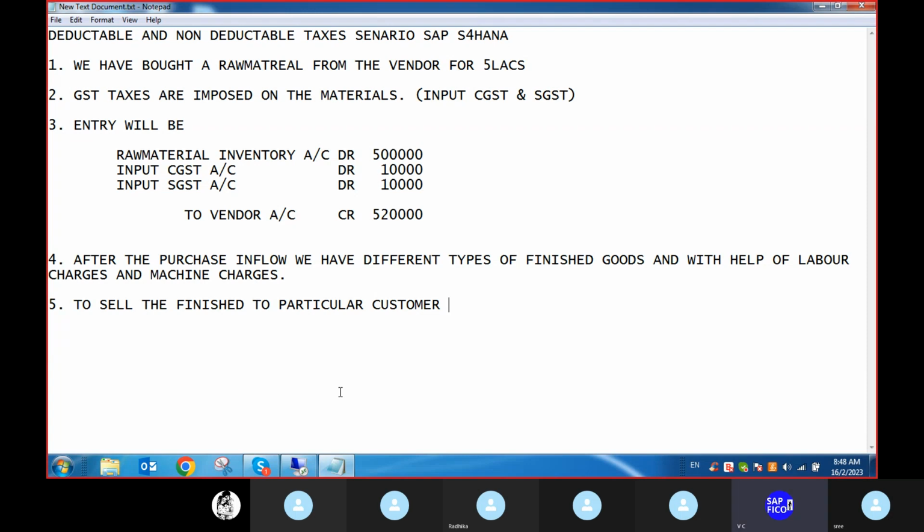The entry will be: customer account debit. Including all the charges, the finished goods material value will be 5,20,000 rupees, right?